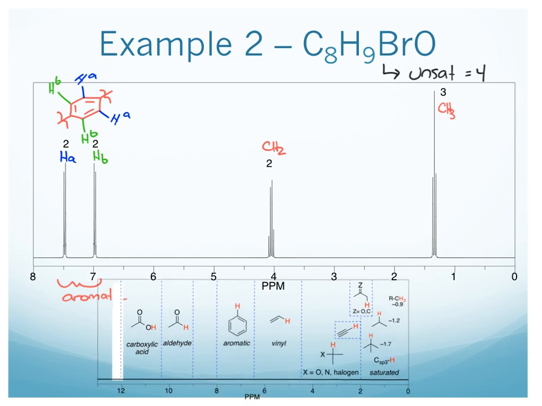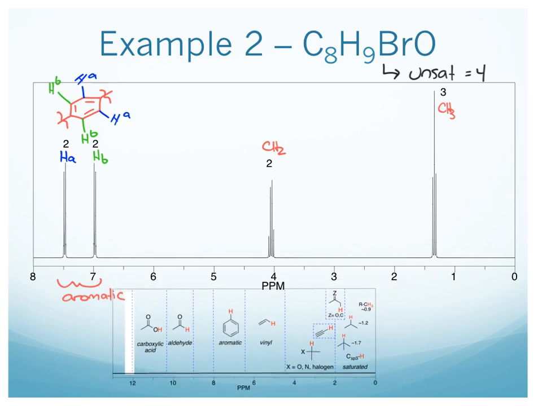So if we look at our basic shift table, we see down here in approximately the 2 to 4 region, or 2 to 4.5, and sometimes even a little further, is where we have hydrogen on a carbon next to a halogen or an electronegative atom like oxygen or nitrogen. So what I'm going to do is just make myself a little note here.